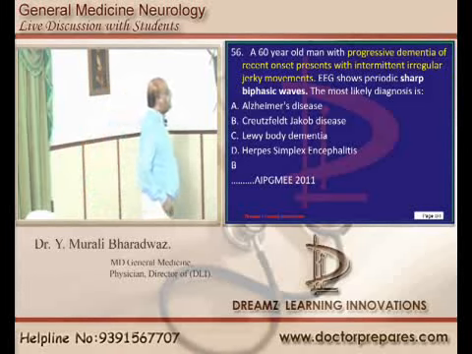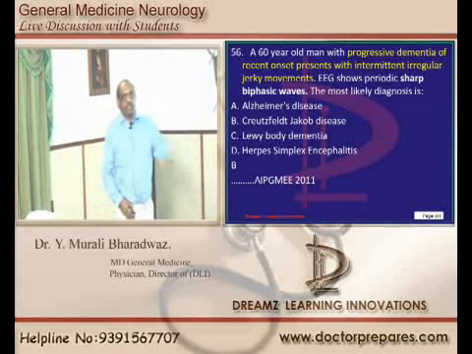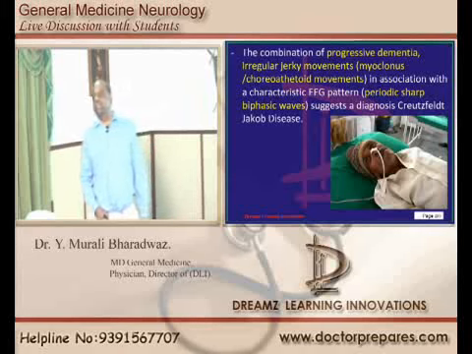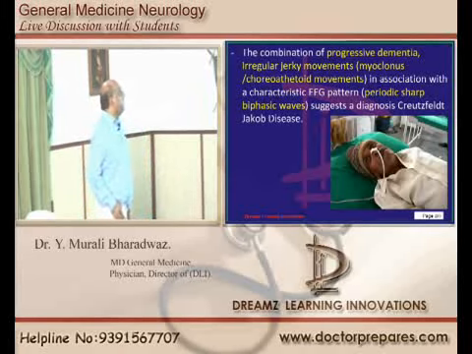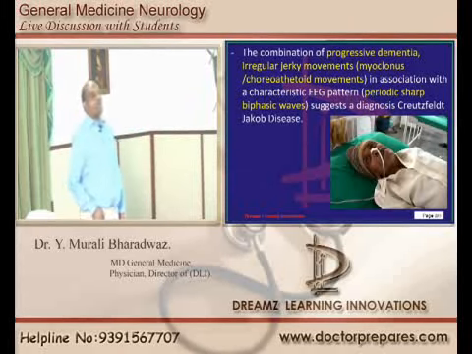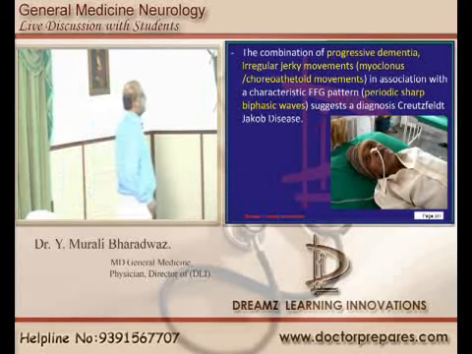Progressive dementia with irregular jerky movements, which are myoclonus, along with periodic sharp biphasic waves suggests Creutzfeldt-Jakob disease. In this you have progressive dementia with myoclonus with periodically synchronous biphasic or triphasic sharp wave complexes, which are typical of Creutzfeldt-Jakob disease.